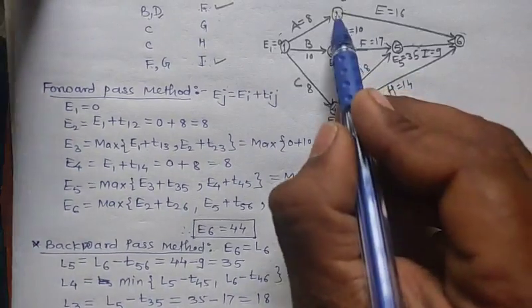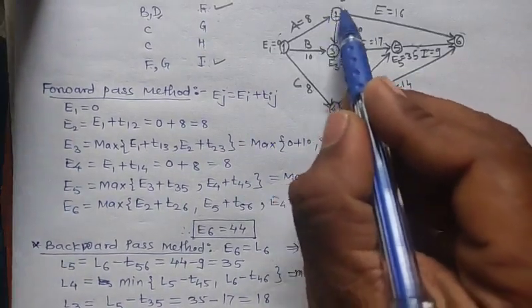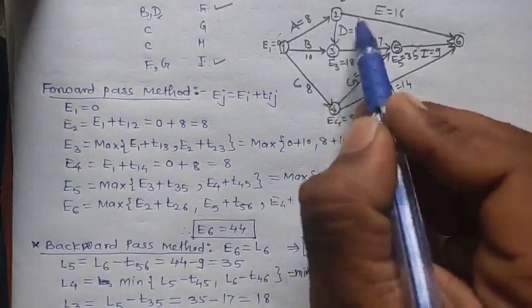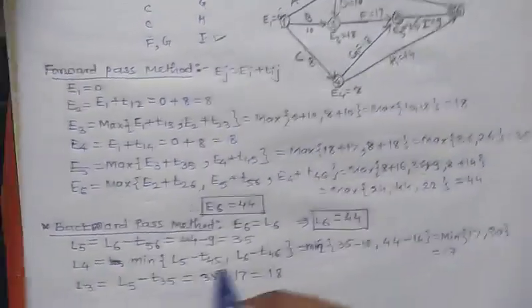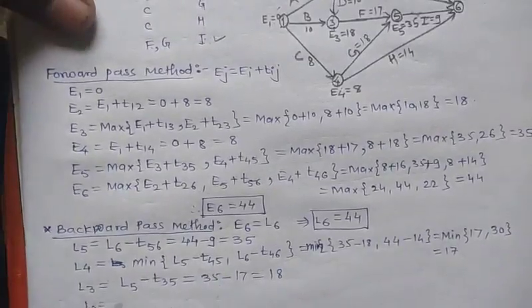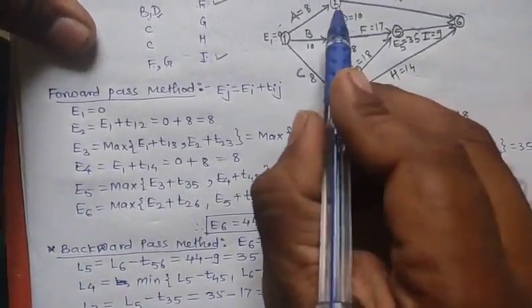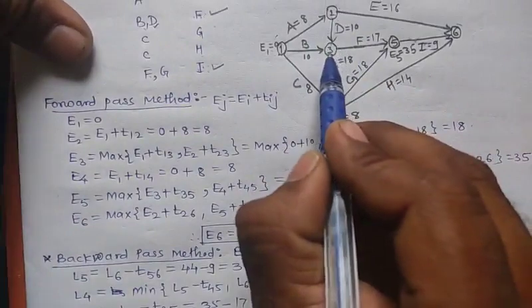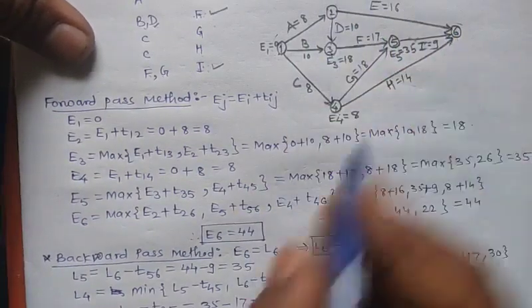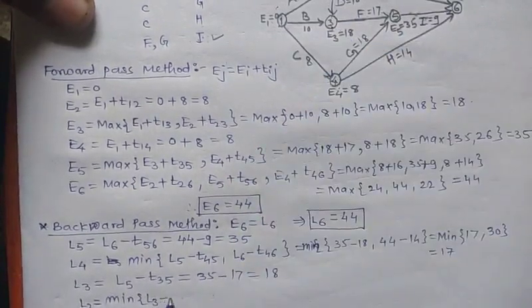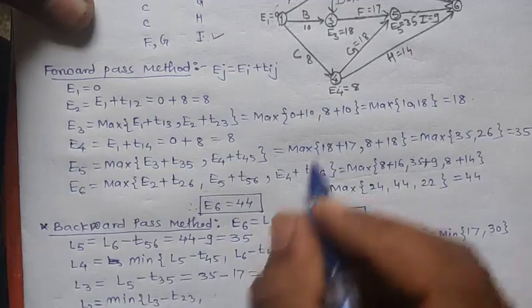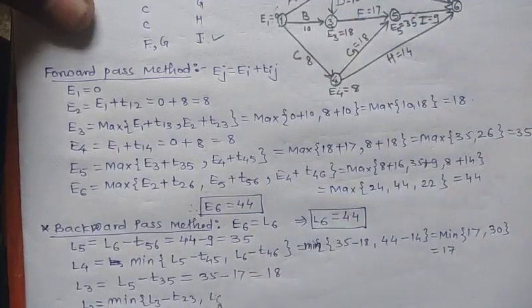Here our second event is here. From this event we got two outgoing arrows, which go to L3 and L6. So we take the minimum among that: L3 minus T23, and second, L6 minus T26.